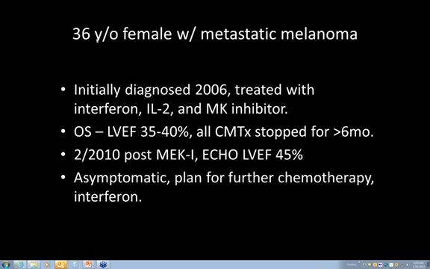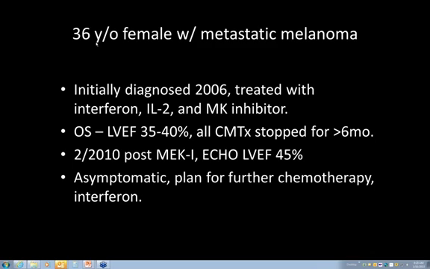This is, for example, a patient in my clinic, a 36-year-old female that had metastatic melanoma, and comes from an outside physician. Actually, she was initially diagnosed in 2006, was treated with interferon, IL-2, and a multikinase inhibitor, and at the outside had an ejection fraction of 35-40% at the completion of interferon IL-2 therapy.